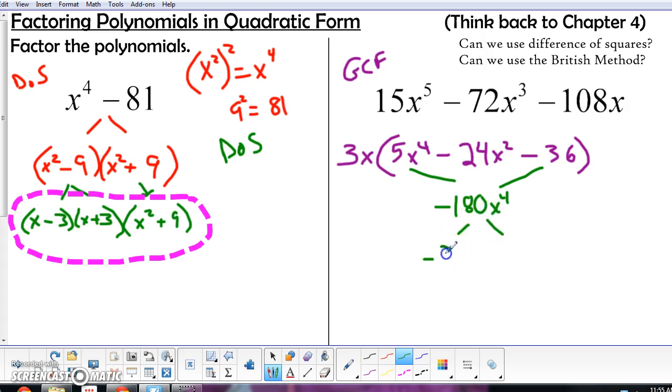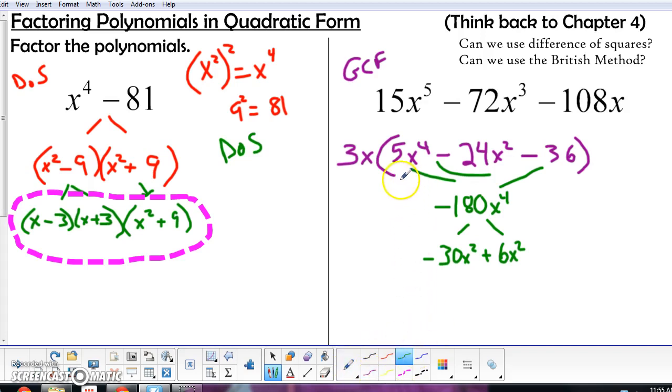Well, I believe that will be negative 30x squared and positive 6x squared. And again, it might take a little bit of work to find those factors on your calculator, but that's okay. Key again being, because it was x to the fourth, I need x squared here and x squared here. Adding those would give me the negative 24x squared that I have right there in the middle.